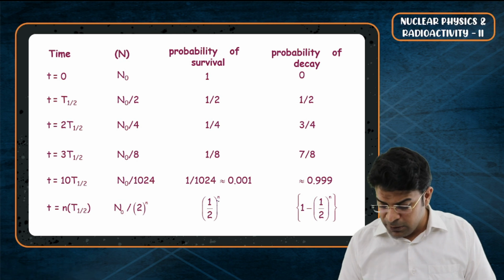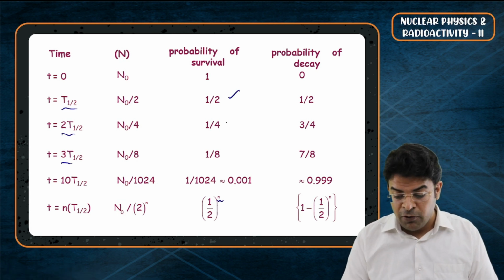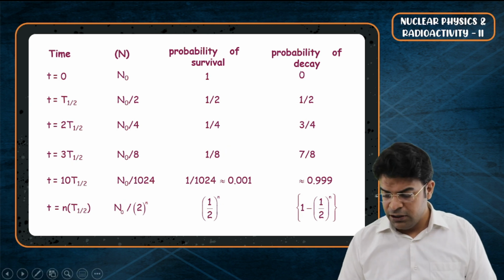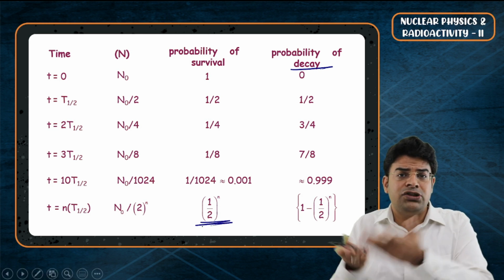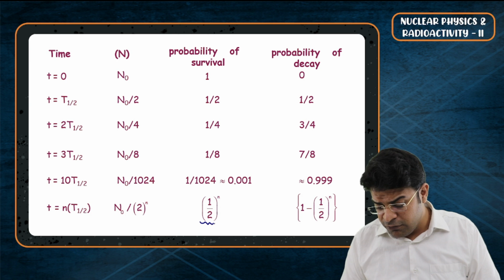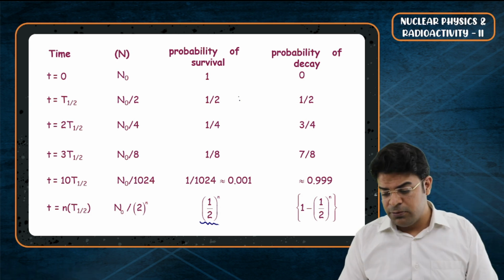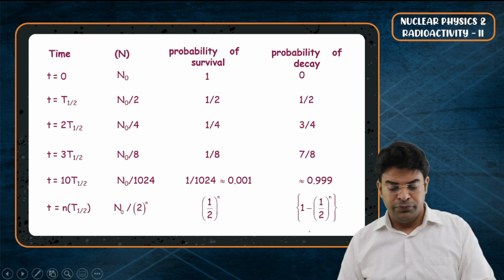You can simply plug in the value of n as 1, 2 or 3 to get the above results. Now what will be the probability of decay? Probability of survival plus probability of decay has to be 1. So if the probability of survival is 1 upon 2 raised to power of n, then the probability of decay has to be 1 minus 1 upon 2 raised to power of n. And that is the result.